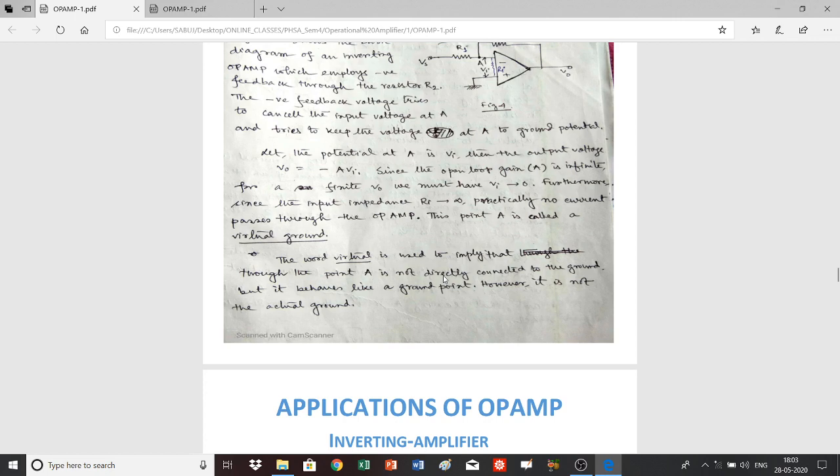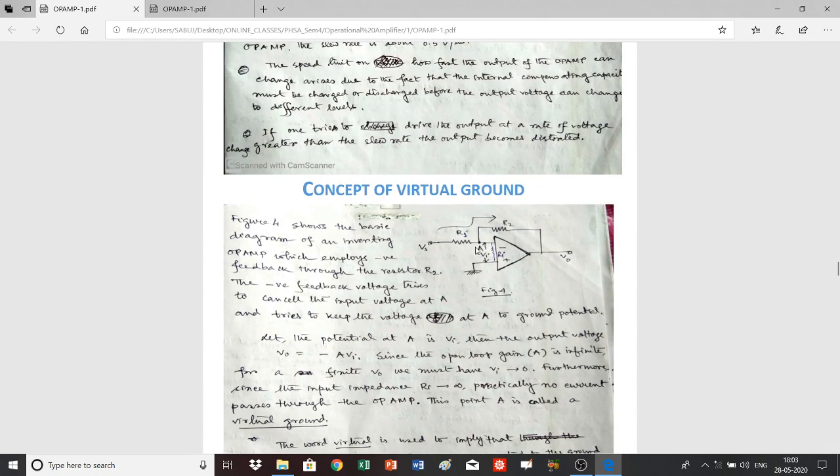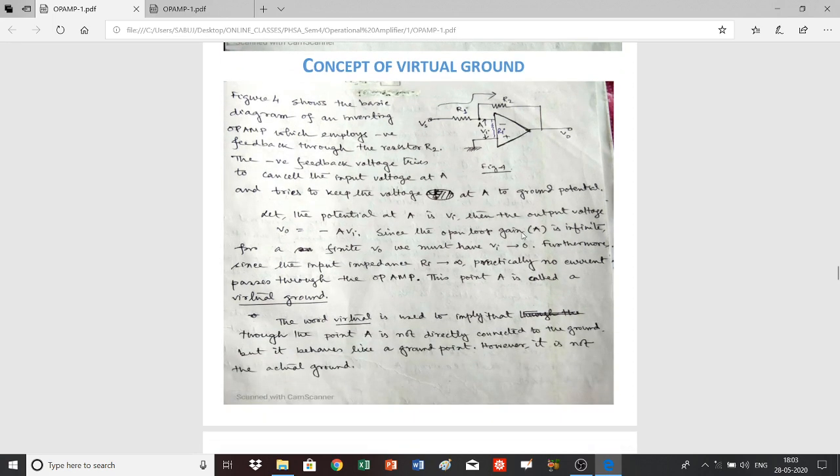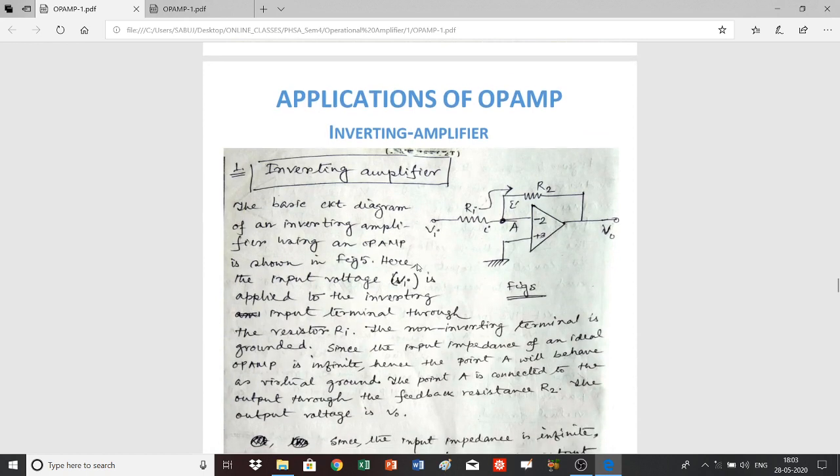However, it is not the actual ground. We will see in future discussions that this point is very important for calculating the gain of some amplifiers.